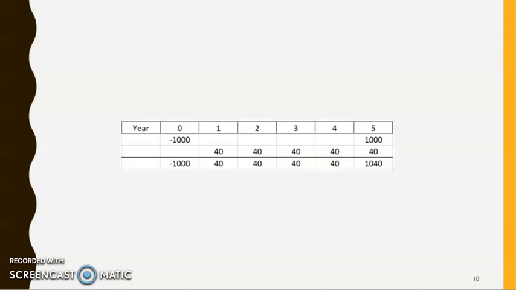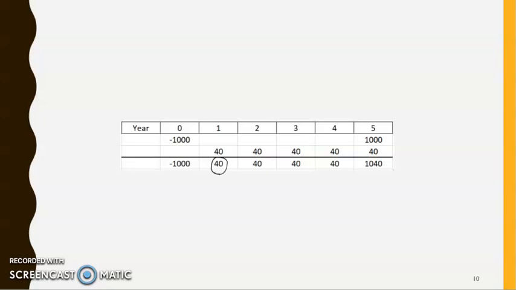Okay, this minus 1,000 is the amount of money that we are depositing now, and you can make it red or put minus in front of it. Since you have 1,000 in the bank account, 4% is the interest rate, so the amount of interest would be $40 at the end of year one that you get it out.